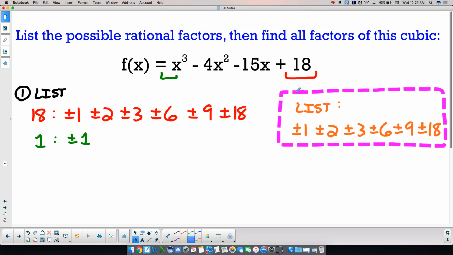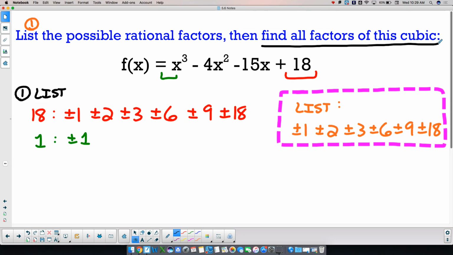So that's my list. Okay. Step 2, well, so that's this one. Found my list. What is this telling me? To which stop?